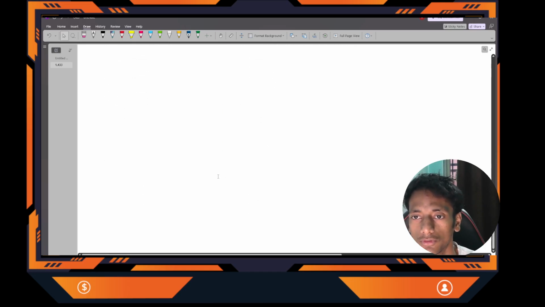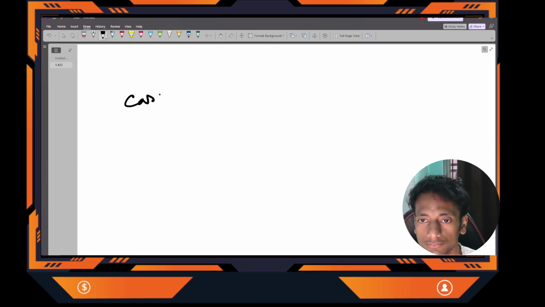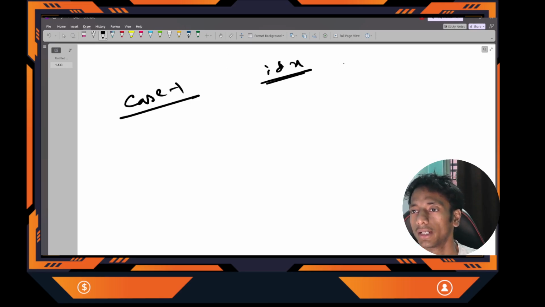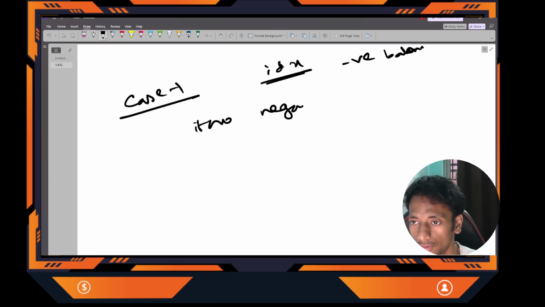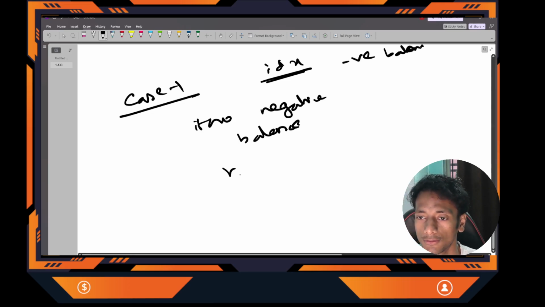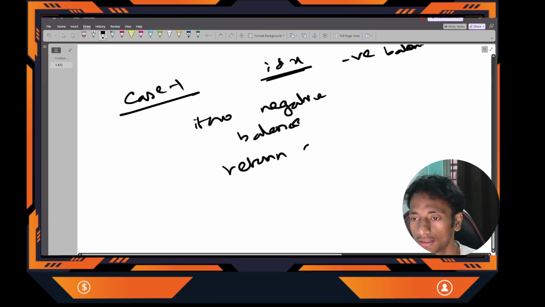Now, case 1: first of all, find the index of the negative balance. If there is no negative balance, our answer will be 0.